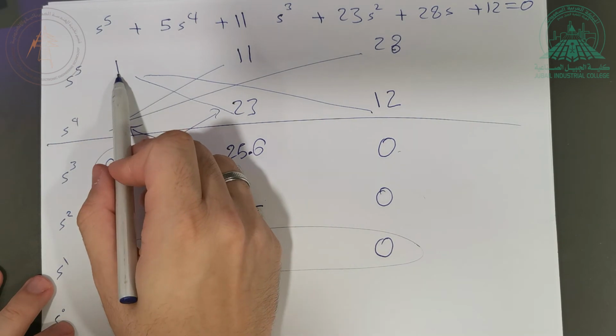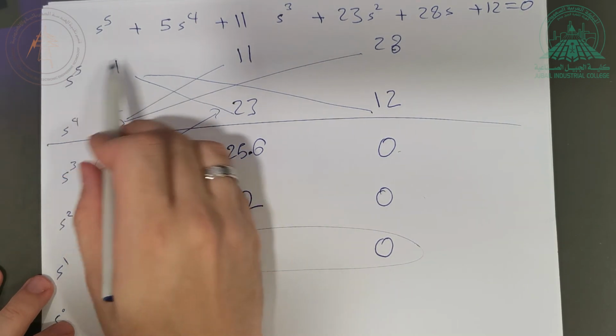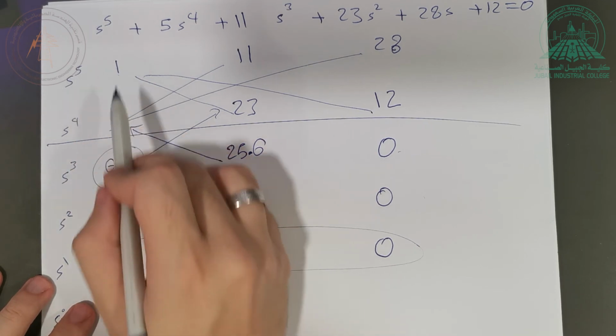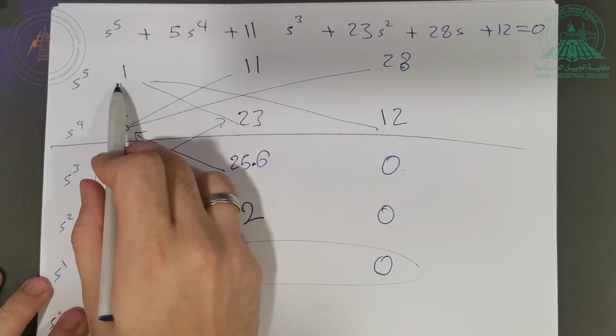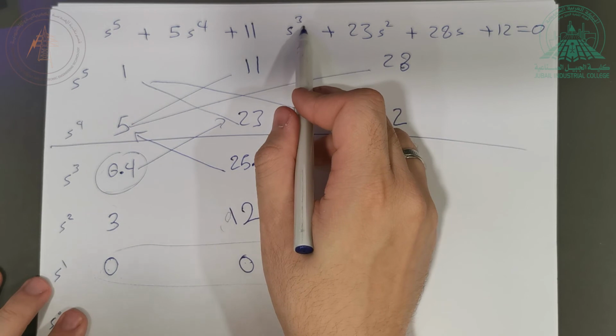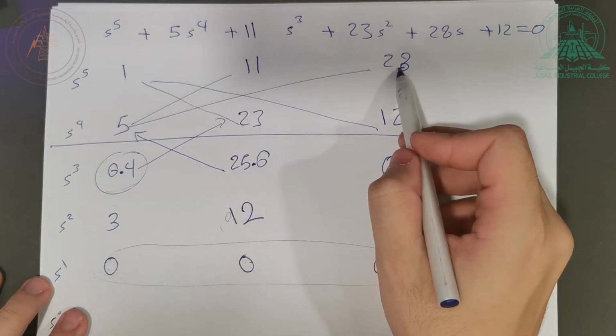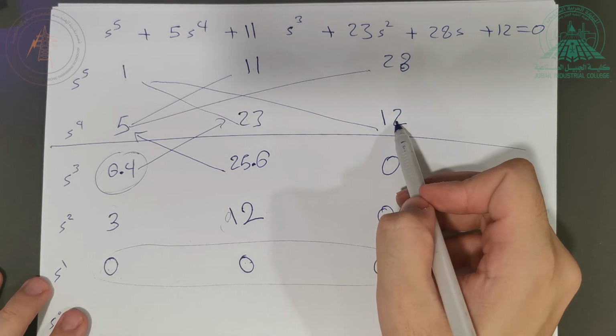Look here, the equation is s to the power of 5 plus 5 s4 plus 11 s cubed, then 23 s squared, then 28 s, then 12 constant.